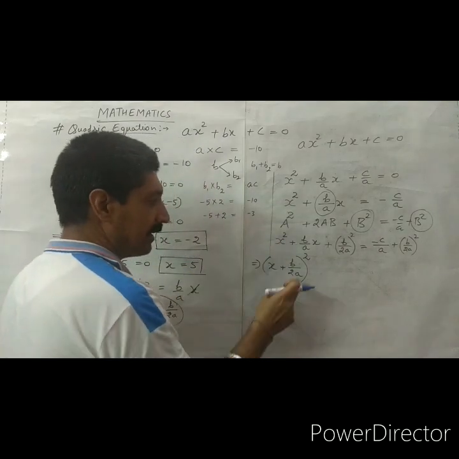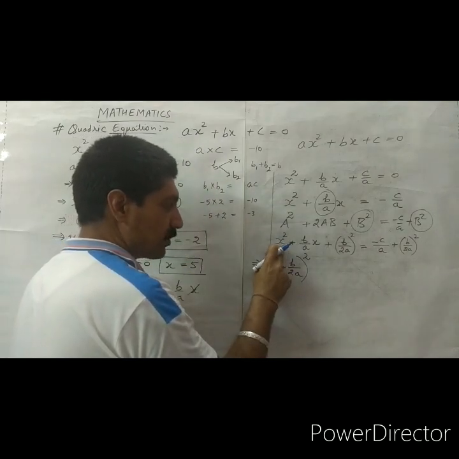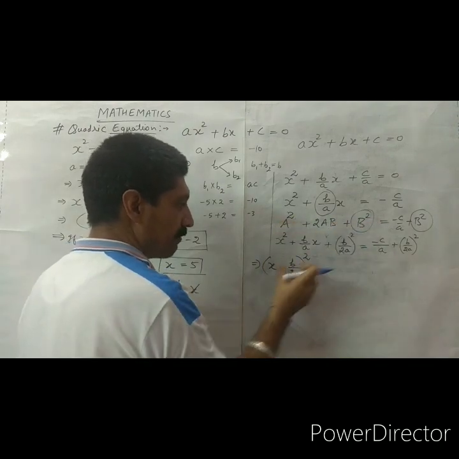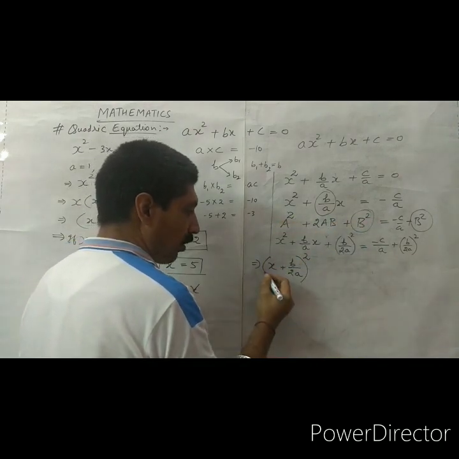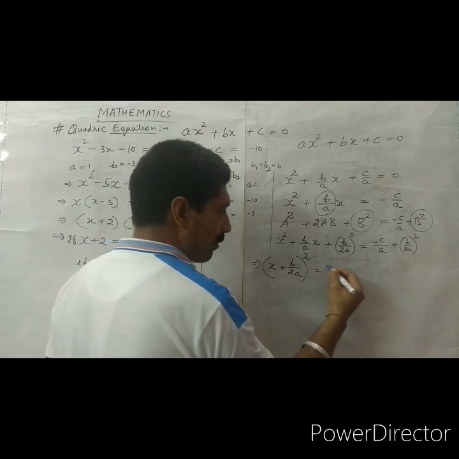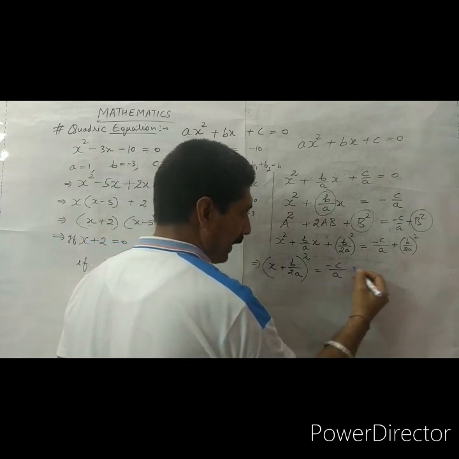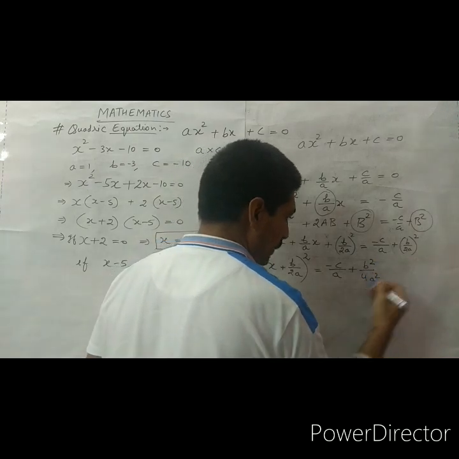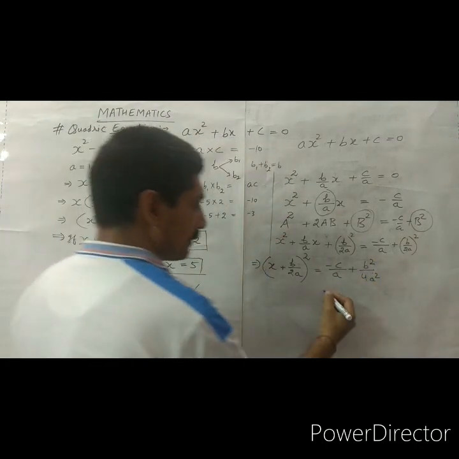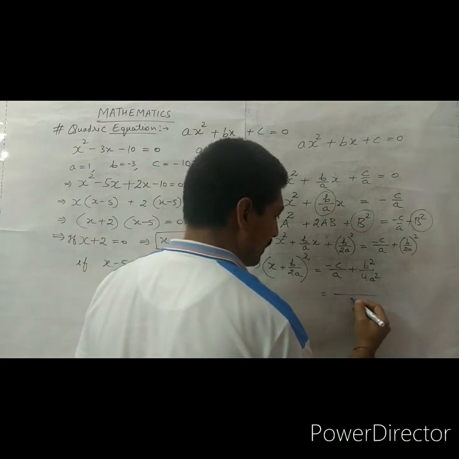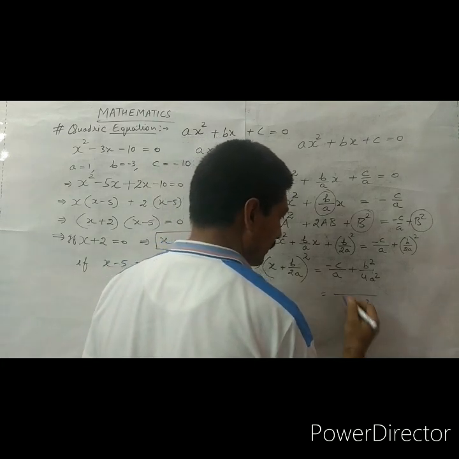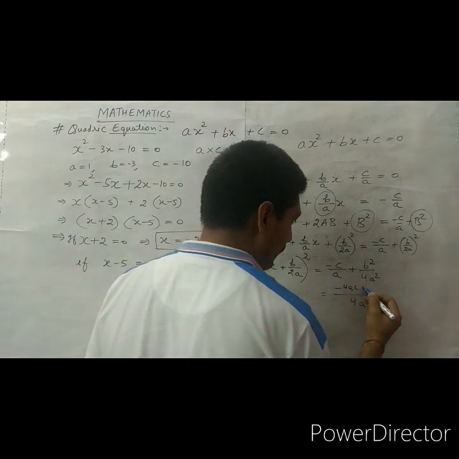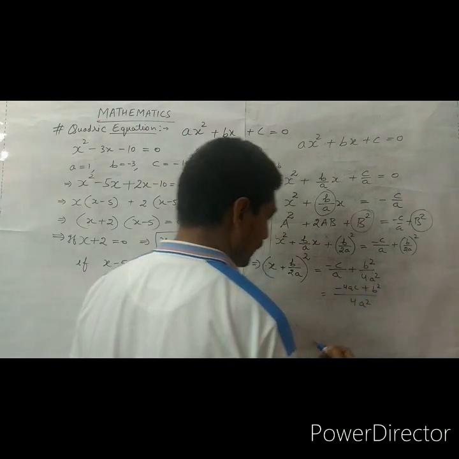If we open the bracket, it is x, that is capital A square, plus B square plus 2AB. So if we take the bracket outside, it is equal to minus c upon a plus b square upon 4a square. Taking the LCM, that is 4a square, minus 4ac plus b square.